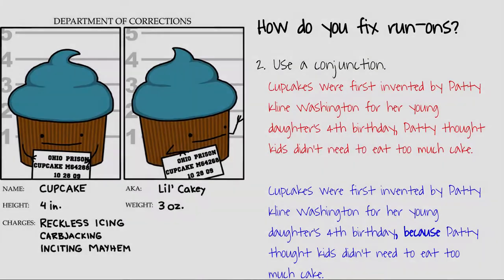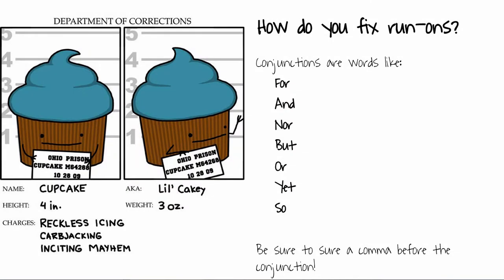Our next strategy for fixing a run-on sentence is to use a conjunction. I'm just going to go ahead and skip to the next slide and come right back. A conjunction is a word like for, and, nor, but, or, yet, so, and those conjunctions allow us to combine sentences as long as we use a comma before the conjunction.